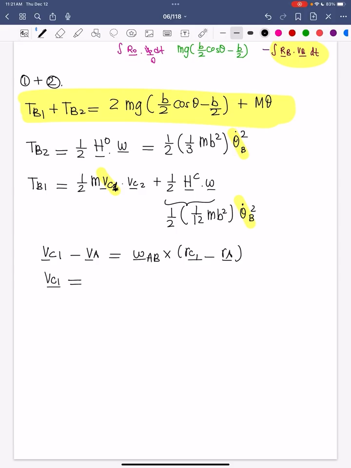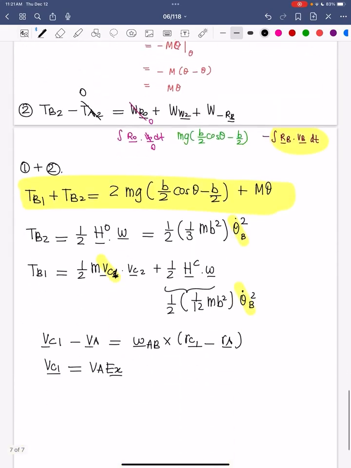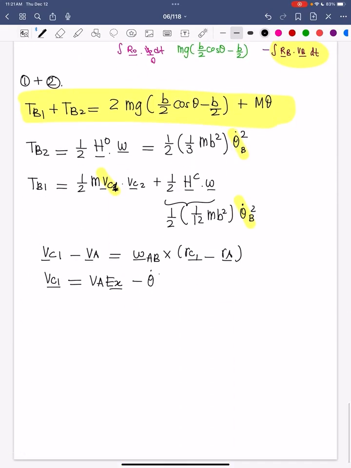VC1 we need to find, that's VA along EX. And omega AB we said is equal to minus theta dot EZ, and we're looking at instant 2 when RC minus RA is just vertical.